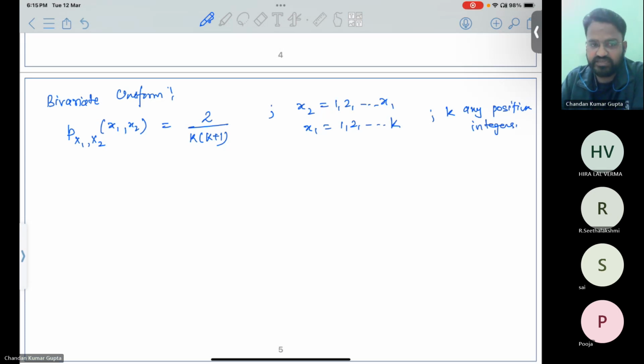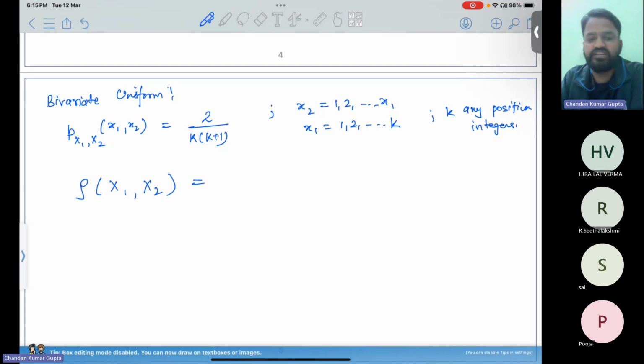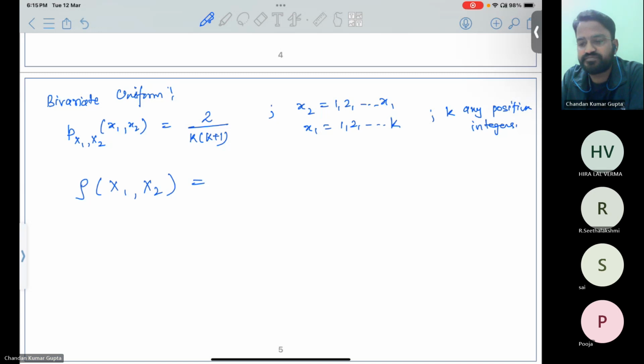In the bivariate uniform distribution, can anyone tell me what the correlation coefficient between x1 and x2 is? It is 1 by 2 actually. In the bivariate uniform distribution, the correlation coefficient between the variables is half. That's why I am discussing it.